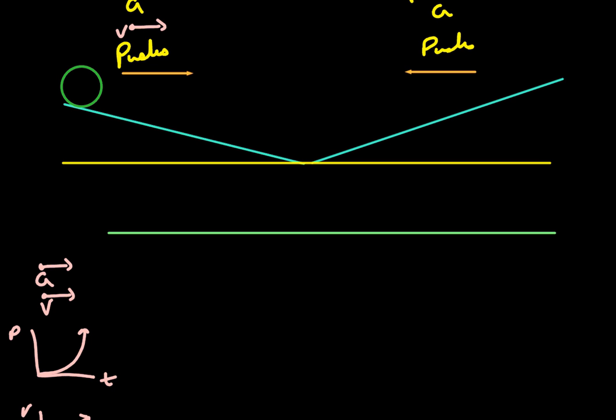Now let's look at a slightly different case. Let's say that instead of taking a ball and releasing it here, I do something different. I take a ball and I put it down here, but now I roll it up the ramp. Now I give it a velocity that's in this direction.